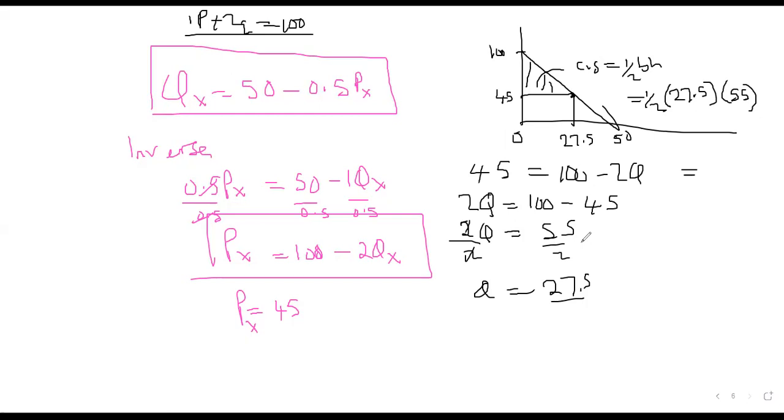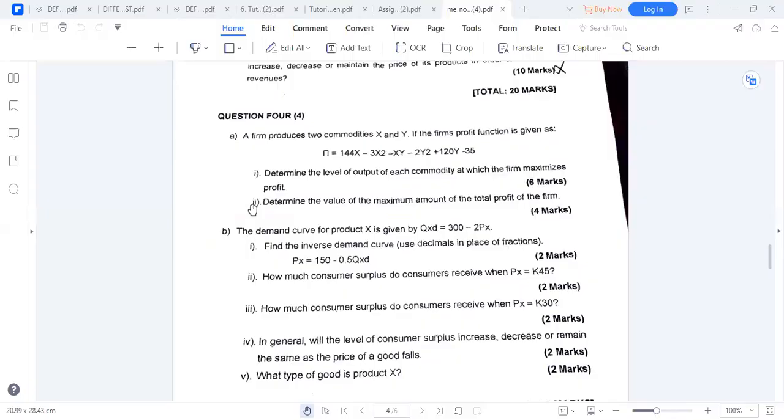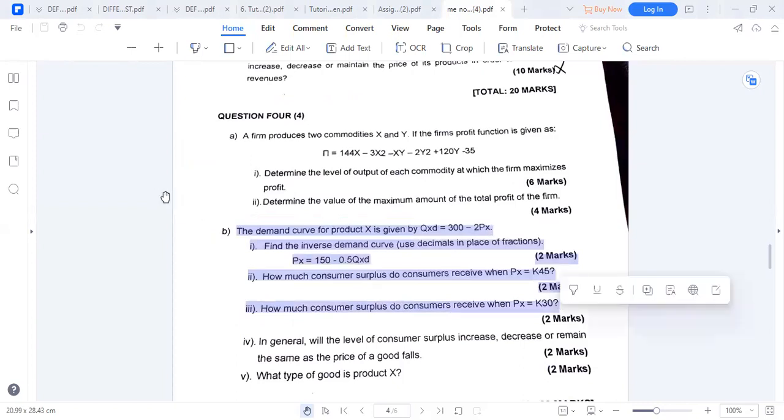Okay. As you're calculating, I'll take you to last year's paper. A similar question was done where we were told that the demand function is given by QD XPX. And you're being asked to calculate what? Consumer surplus. And also being asked to calculate the inverse demand.